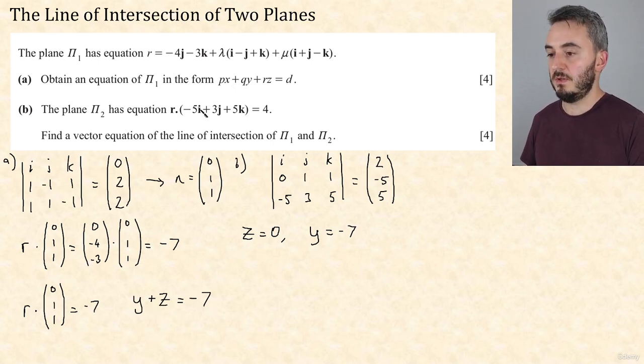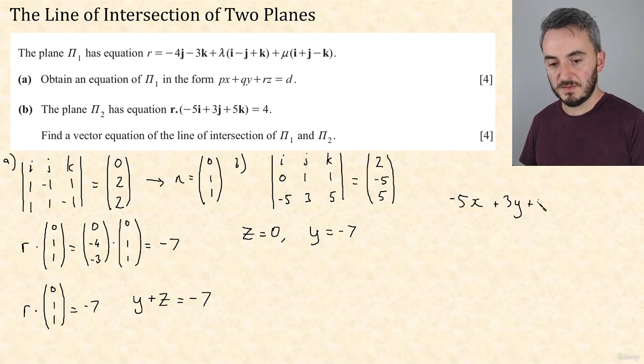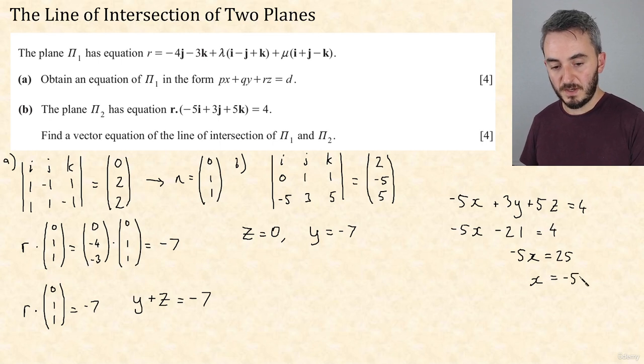But it also needs to be on this plane as well. And this plane has Cartesian equation minus 5x plus 3y plus 5z equals 4. So if z is 0 and y is minus 7, I have minus 5x plus 3 times minus 7, so that's minus 21, plus 5 times 0 should equal 4. Add 21 to both sides, I get minus 5x equals 25, and x is minus 5.